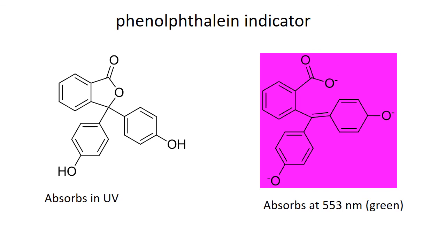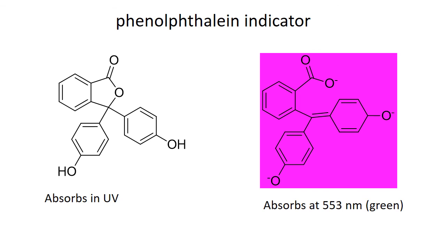However, as the pH increases, the molecule undergoes a structural change. You notice that we lose some hydrogens, and that tetrahedral carbon in the center is now an alkene, sp2. All the rings are now conjugated, and the peak wavelength absorbance is going to shift to longer wavelengths.